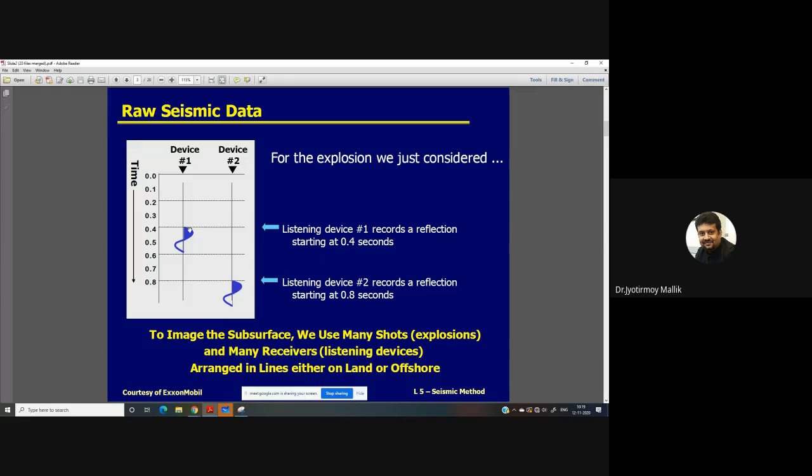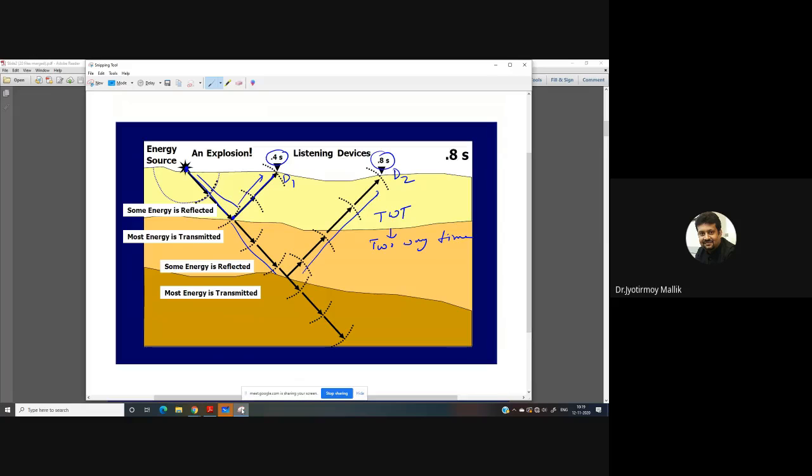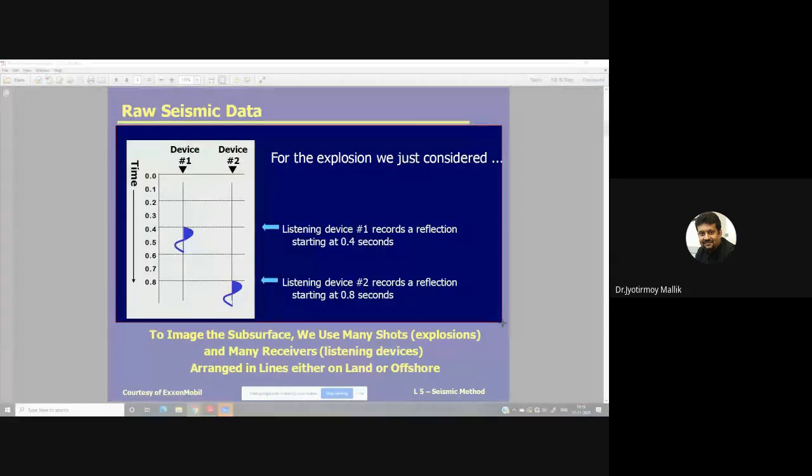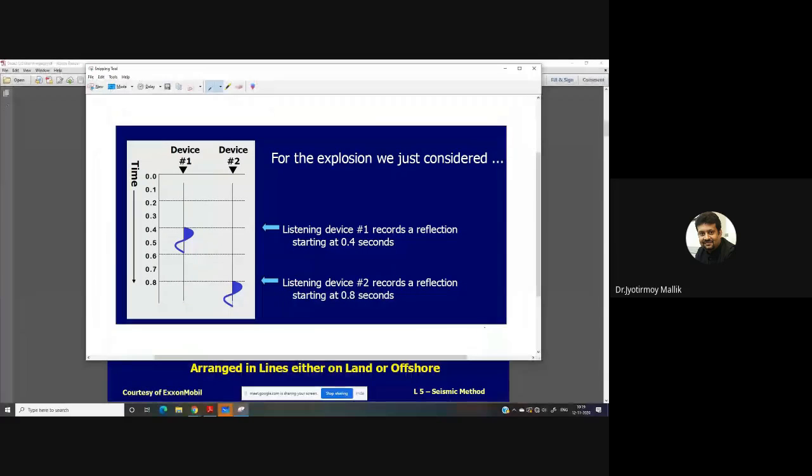Now the representation that you see here is called a wave trace. This particular representation is called a wave trace, or it has a fancier name as well, which is also called a wiggle.